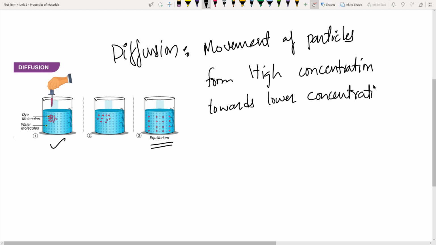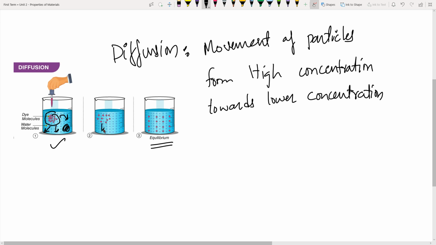What that means is that if you look over here, this red dye is in higher concentration. That means more particles are closer to one another, and there are no red particles over here, so it will try to diffuse into all other places. This is when we call it will start to diffuse.